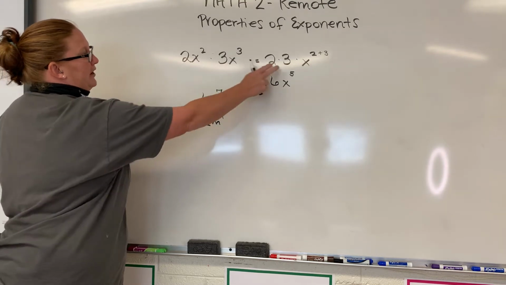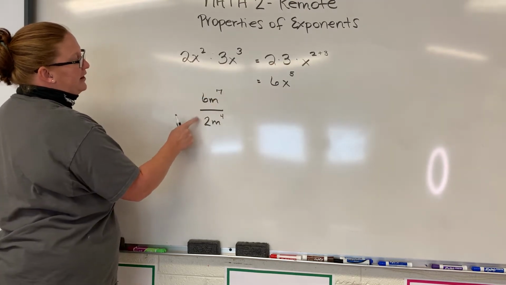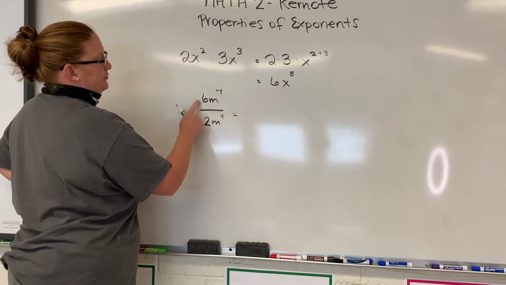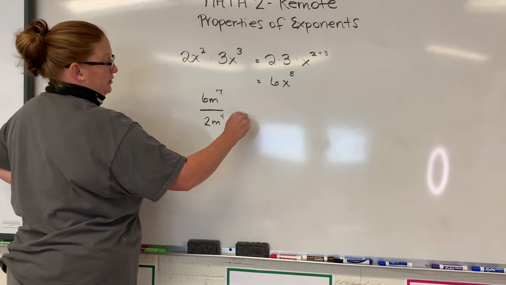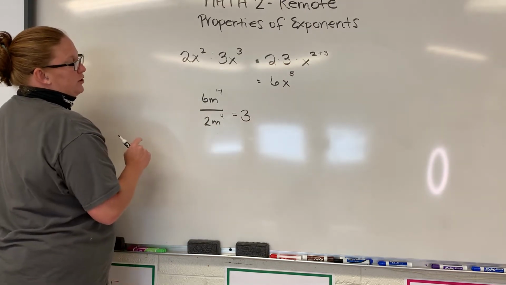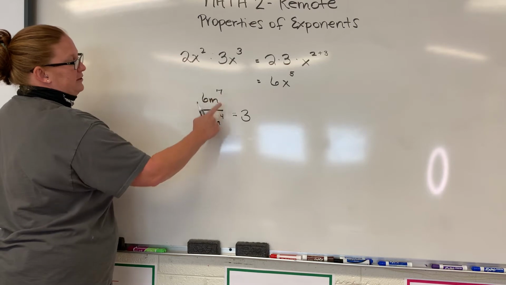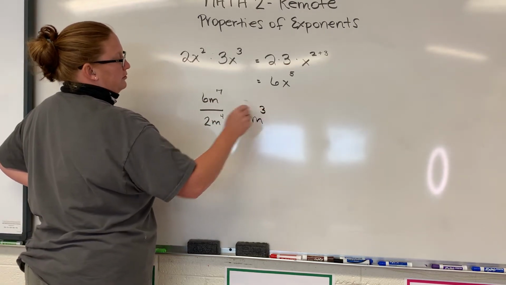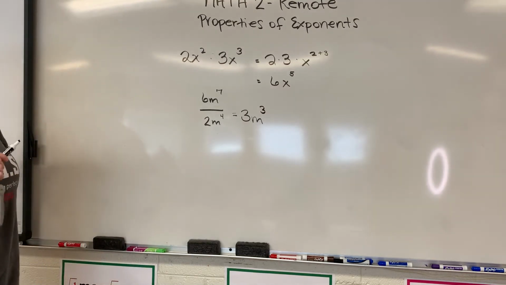We multiplied; here we're still going to divide. So we're still going to do 6 divided by, excuse me, 6 divided by 2, which is 3. And then we are going to subtract these exponents. So 7 minus the 4 leaves us with 3m cubed.